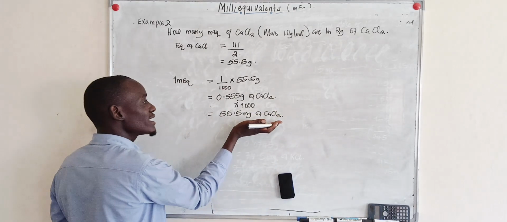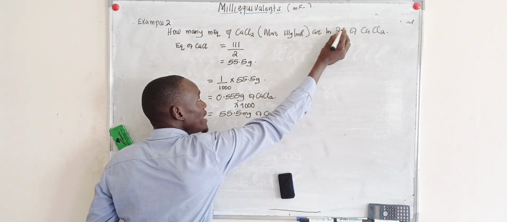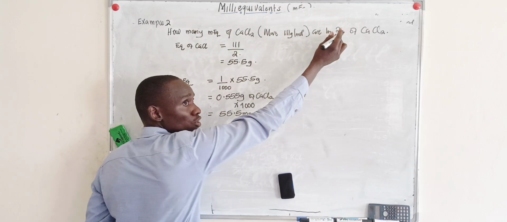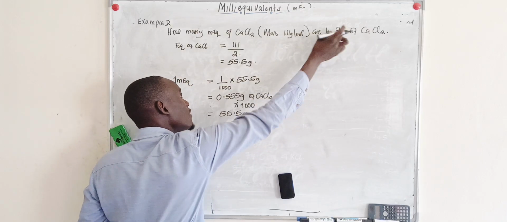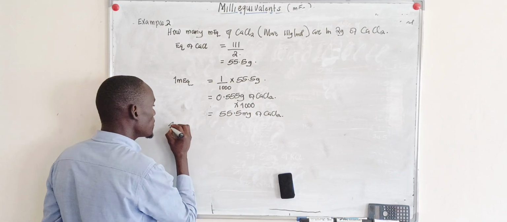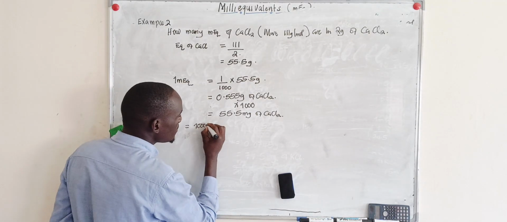But after getting this, remember this is not the answer. We need to ascertain how many milliequivalents are in 2 grams. So the first thing we are going to do is convert the 2 grams into milligrams. We know that 1 gram is equivalent to 1,000 milligrams.